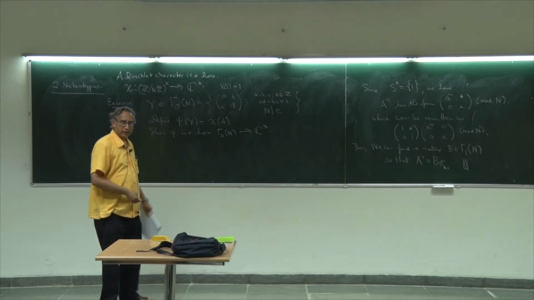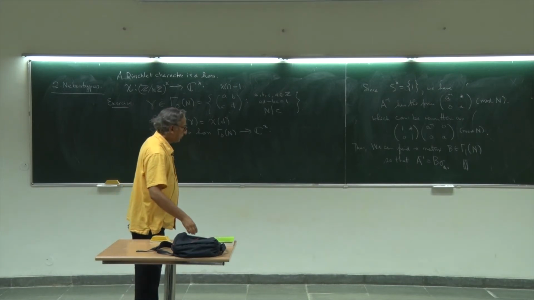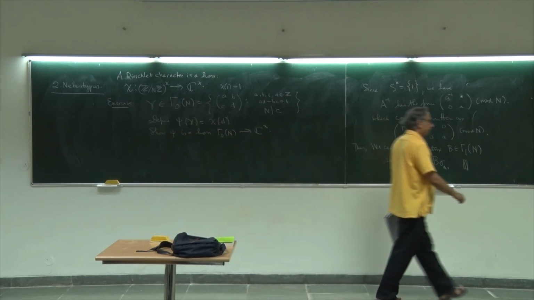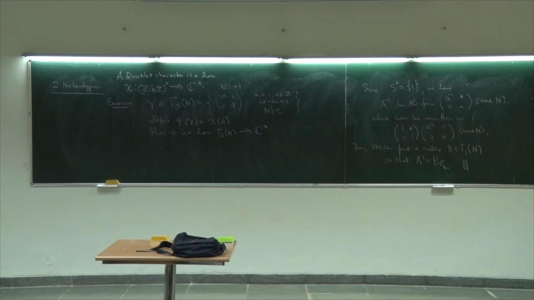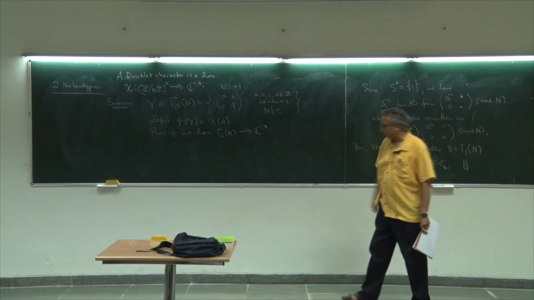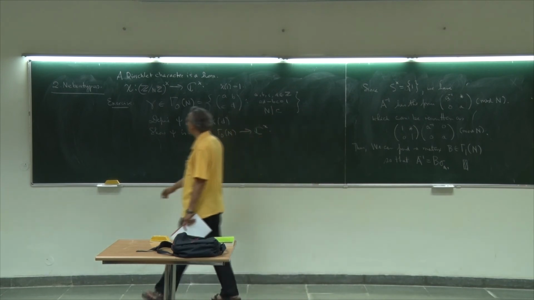Okay, I'm hoping that you saw Dirichlet characters sometime in your life, but if not, let me give you a quick review. These are Dirichlet characters. They're very important objects in number theory.